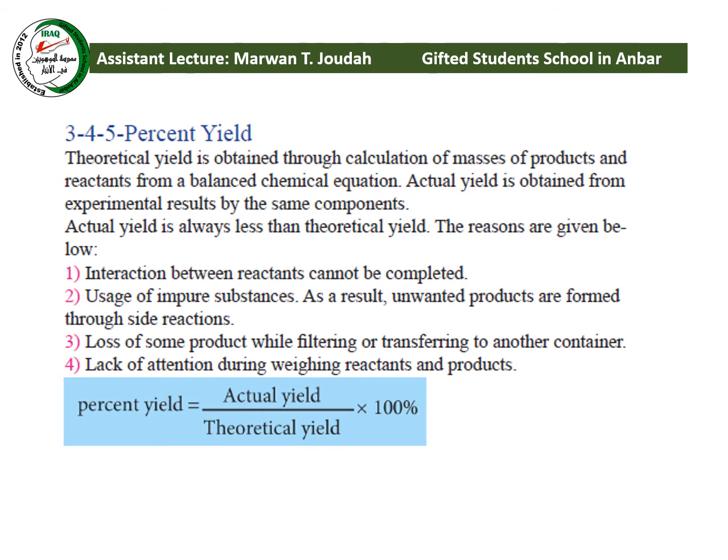If I want to calculate the percent yield, there's a law you need to memorize. The percent yield equals actual yield, which is always given in the question, over theoretical yield, times 100%. Your job is to find the theoretical yield by using either the number of moles, the mass, or the volume. All these go under the theoretical yield.